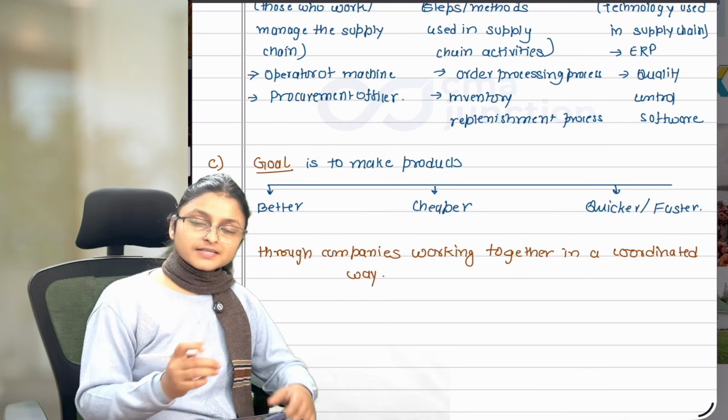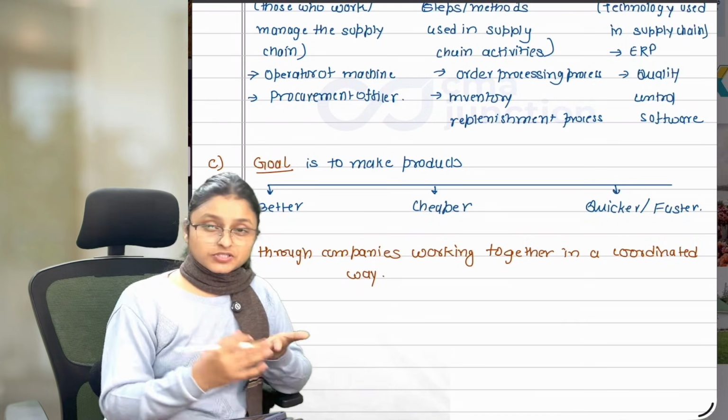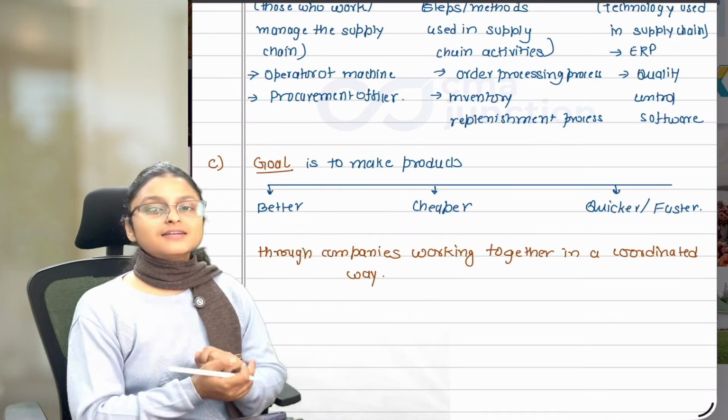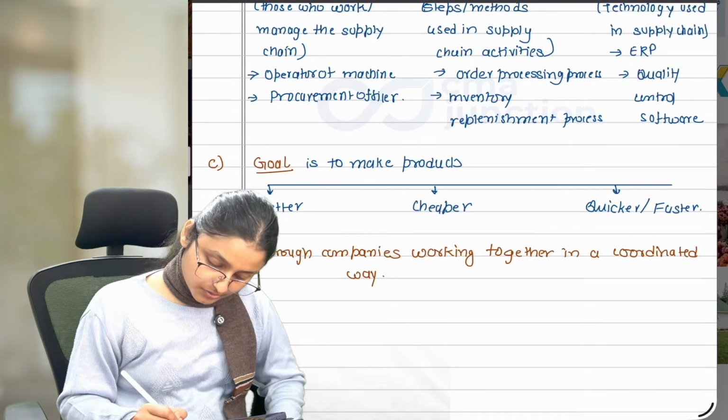Then we understood that supply chain is made up of people, processes and systems, and if we are managing all of it, we are managing our supply chain. Write it down.